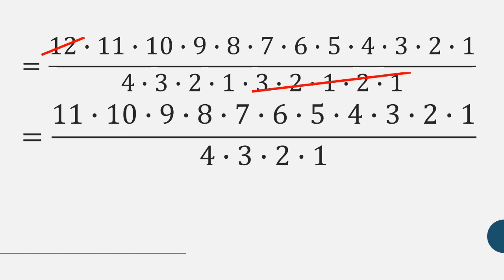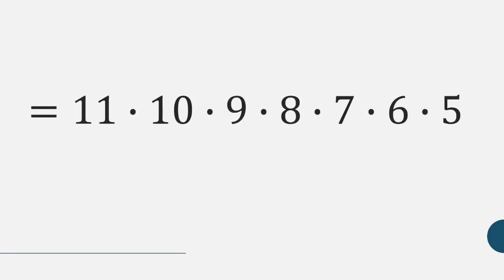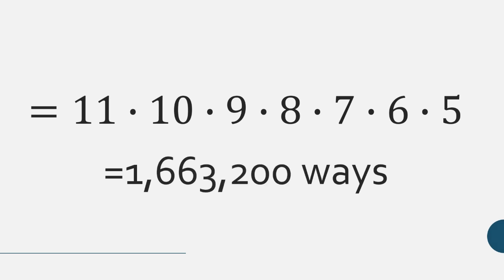And sa denominator natin, meron na lang tayong 4 times 3 times 2 times 1. Next na kinancel ko is 4 times 3 times 2 times 1. And sa baba, ganun din. So that means, ito na lang ang natira sa ating problem. We have 11 times 10 times 9 times 8 times 7 times 6 times 5. And the final answer to this problem is 1,663,200 ways.